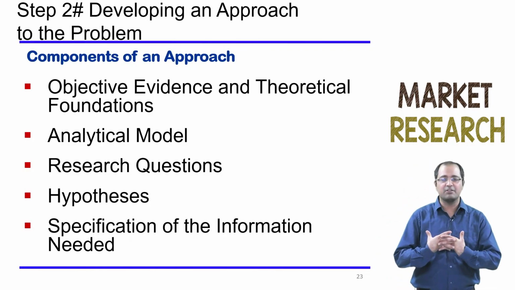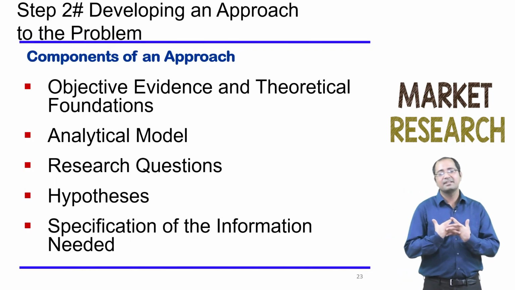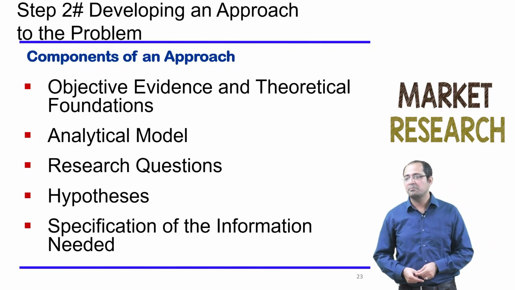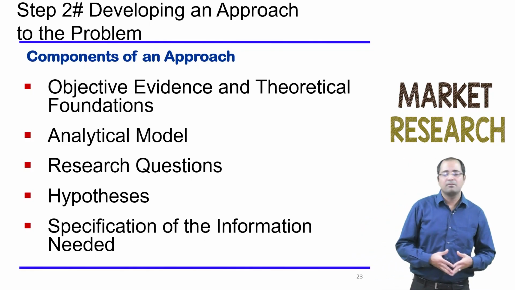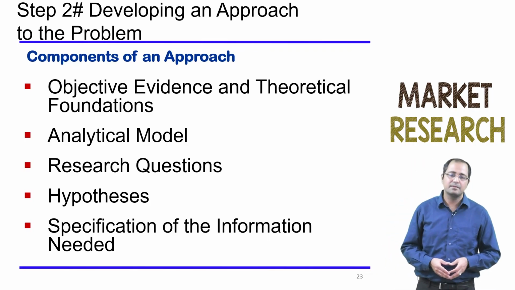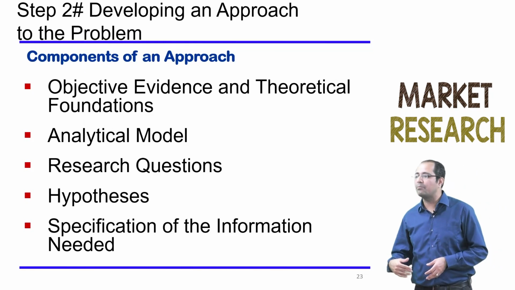So 50% of our work is over today. But we will have a lot of practice to become a little better at identifying the probable cause, defining the marketing research problem and breaking it down into components.